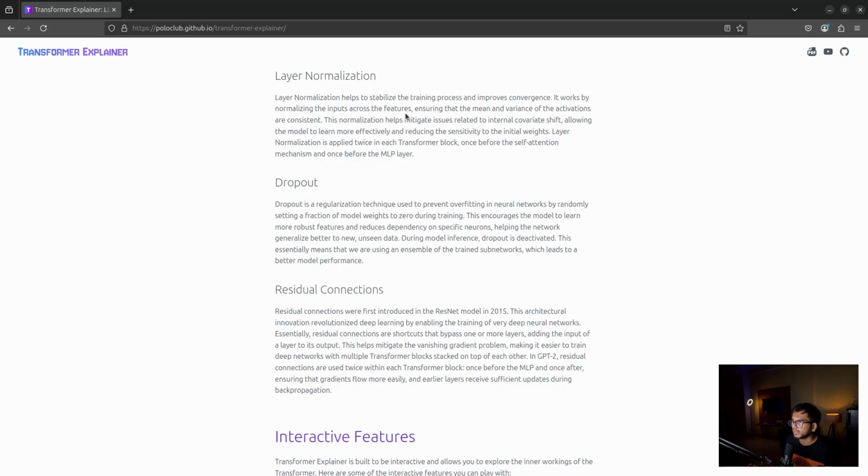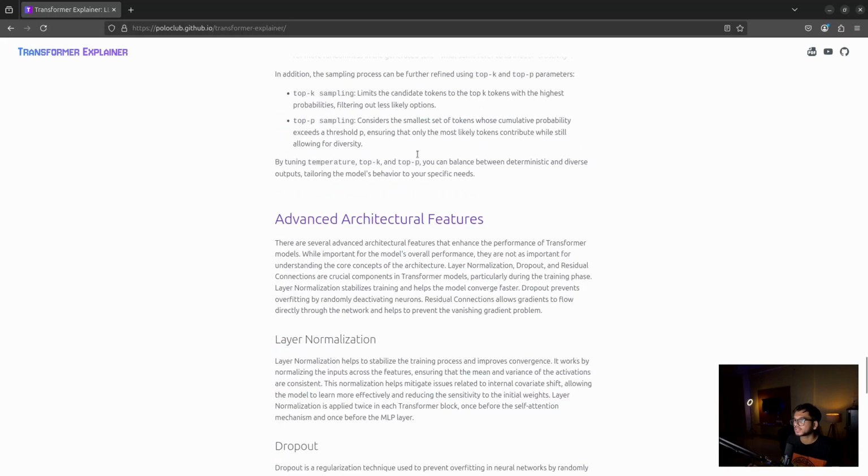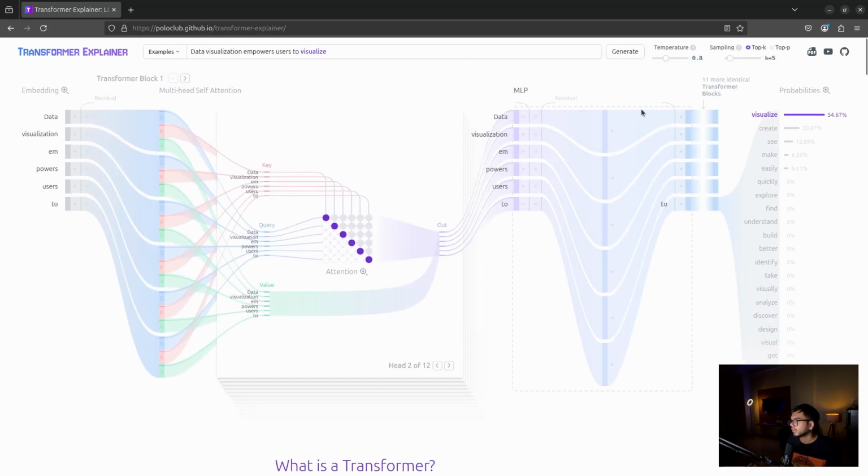To normalize all those outputs, this layer normalization is there, so that we get a normalized, stabilized output that is going to pass through the next layer. After the layer normalization, we get the same shape, 6 into 768.